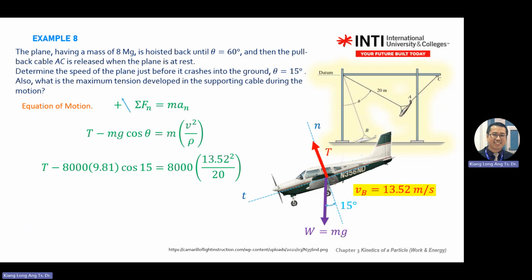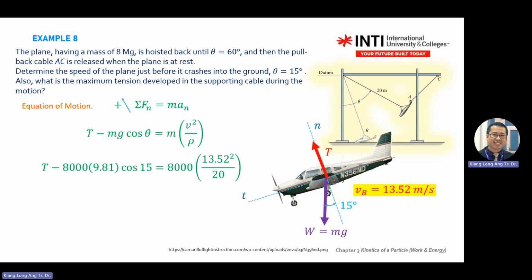You can find your tension. And again, you can find your acceleration in the tangent direction, then find the resultant and the angle of the acceleration. Because this is a tutorial question for conservation of energy, we don't go deep into the acceleration.